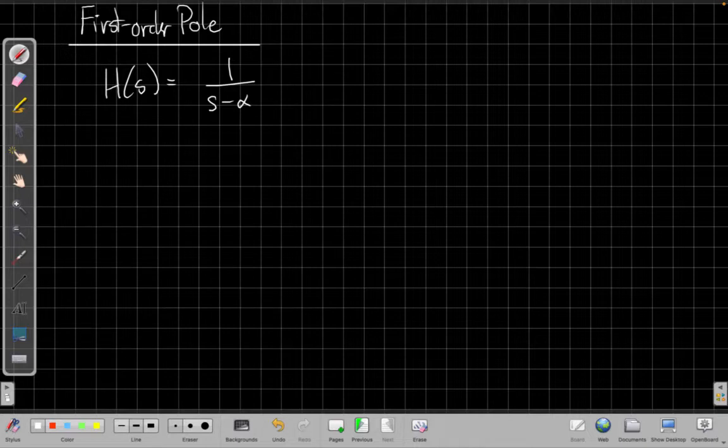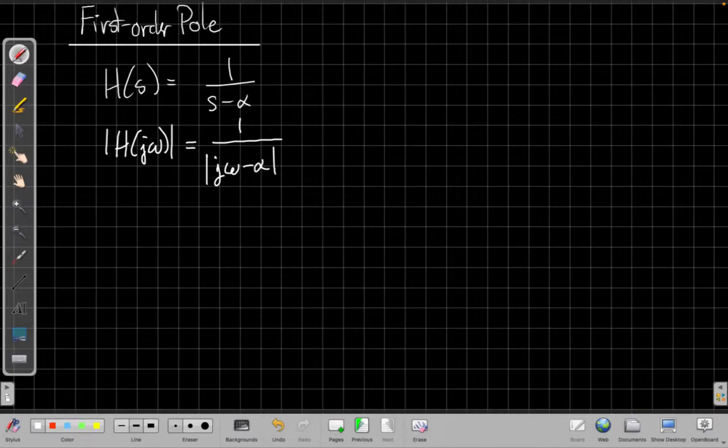To take the magnitude of this, we replace s by j omega and take the magnitude of each side. Now we get to the point where the geometry really becomes clear, because if I think of this denominator in the complex plane, j omega minus alpha is the vector that goes from alpha, the pole, to j omega, the point on the frequency axis.